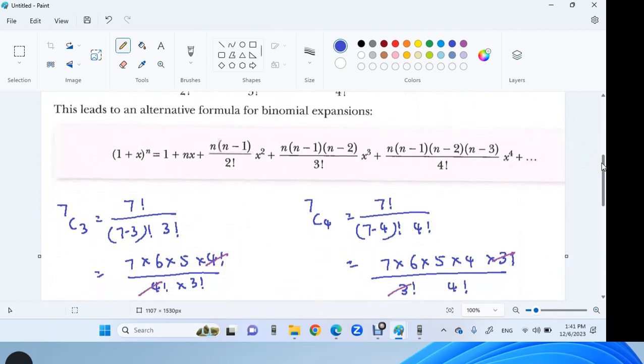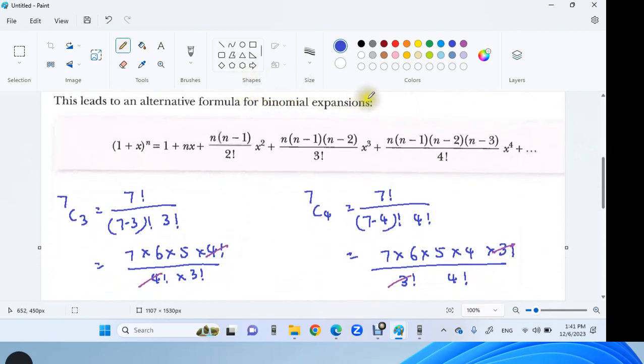So, in general, the binomial expansion will be 1 plus n times x, plus n times (n minus 1) over 2 factorial x squared, plus n (n minus 1)(n minus 2) over 3 factorial x power 3, plus n (n minus 1)(n minus 2)(n minus 3) over 4 factorial x power 4. So you see, if we have 7, 7 minus 1 is 6, 7 minus 2 is 5, 7 minus 3 is 4, and then over 4 factorial times x power 4.